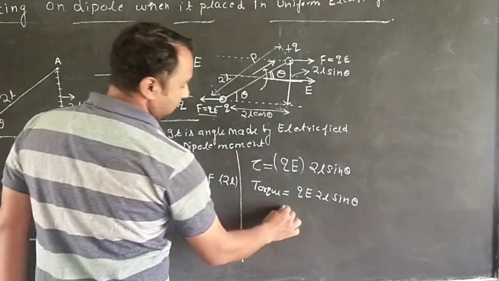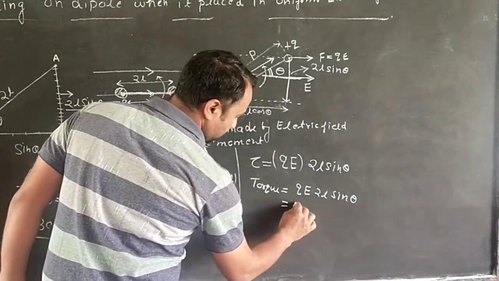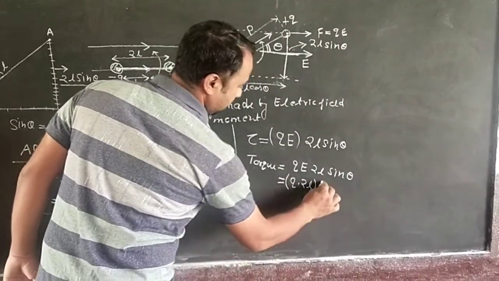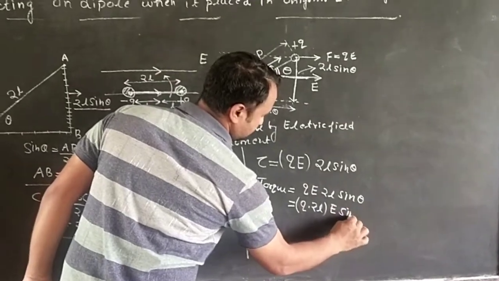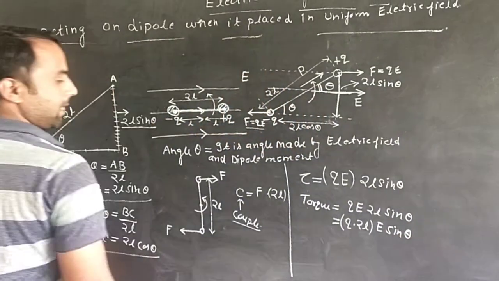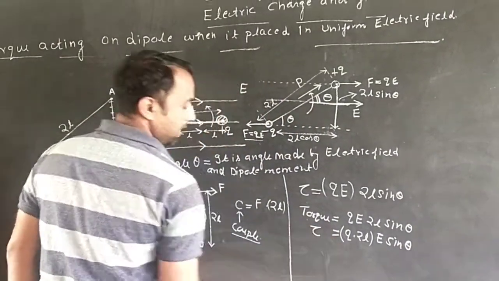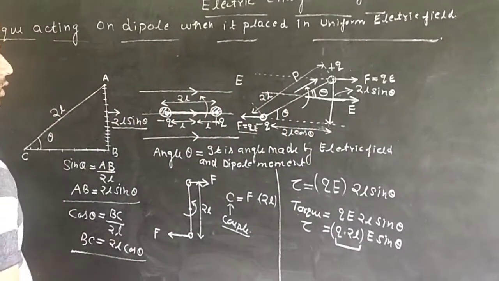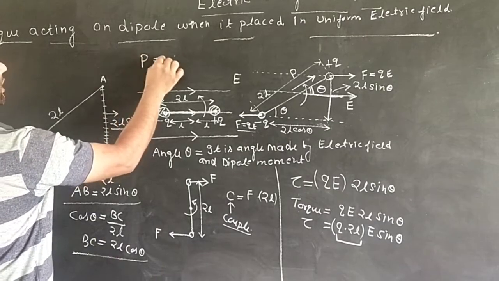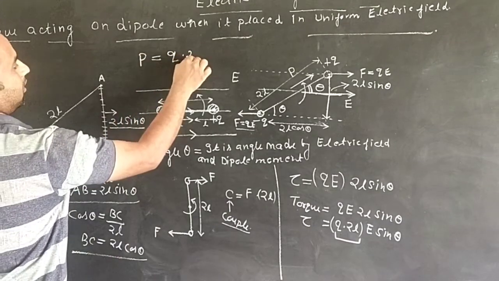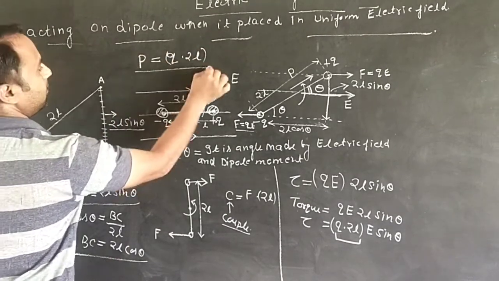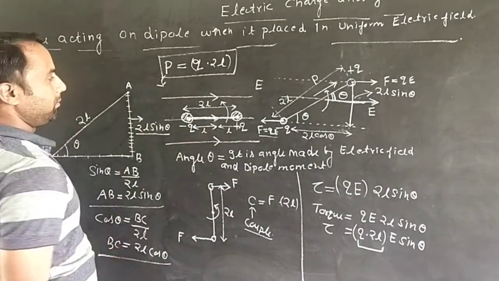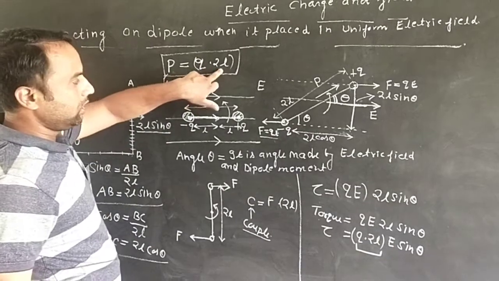Here we rewrite something: Q into 2L is here and E sin theta is here. This is the torque. Now Q into 2L is P. This is the value of P because we know Q into 2L is the dipole moment. Because in the previous lecture we discussed P is equal to Q into 2L.